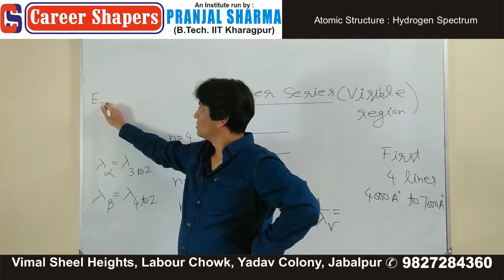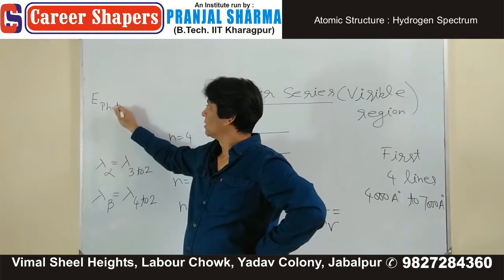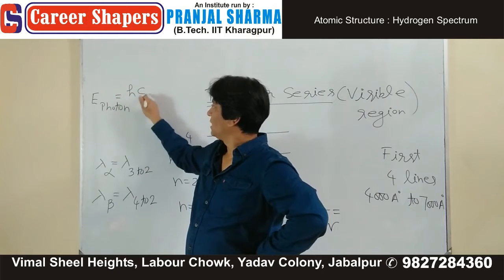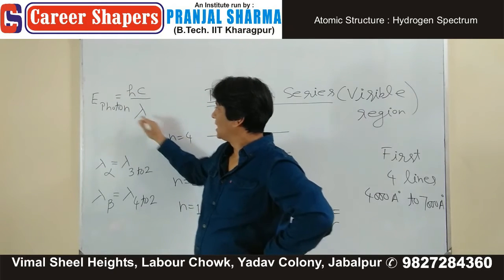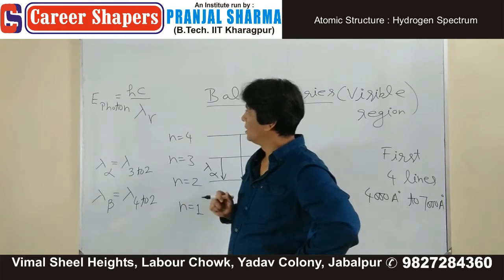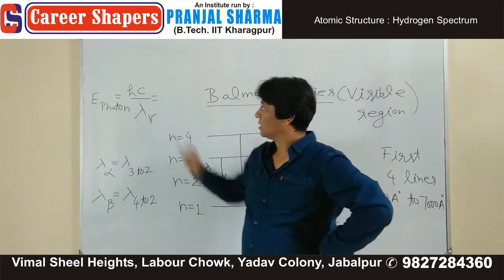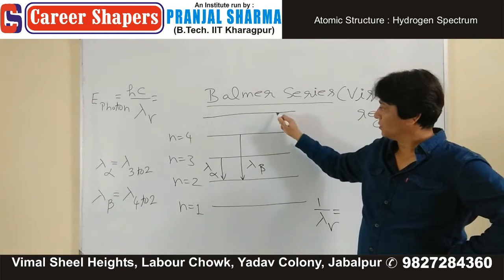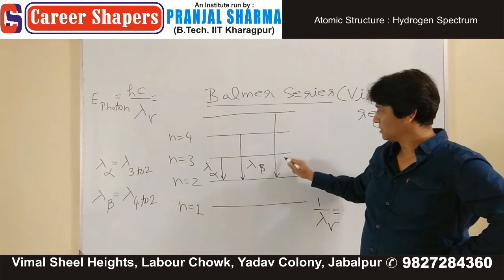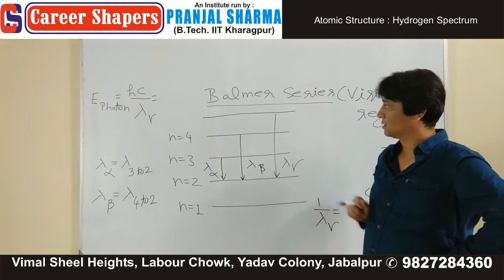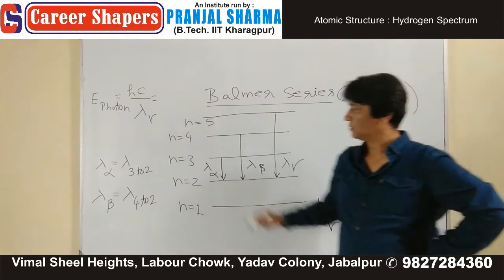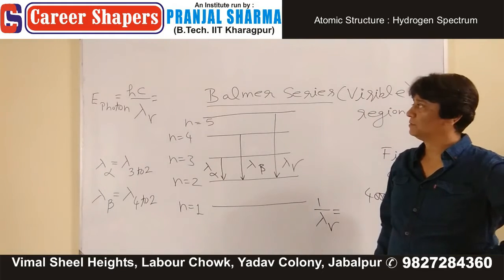Energy of the photon is hc upon lambda gamma. Gamma means we are interested in this one. The jump is from n equals 5 to n equals 2.